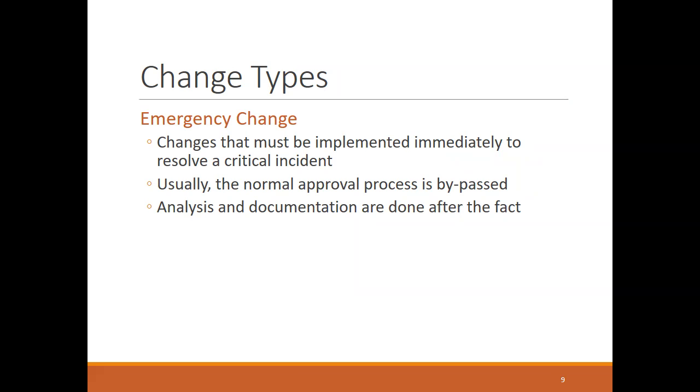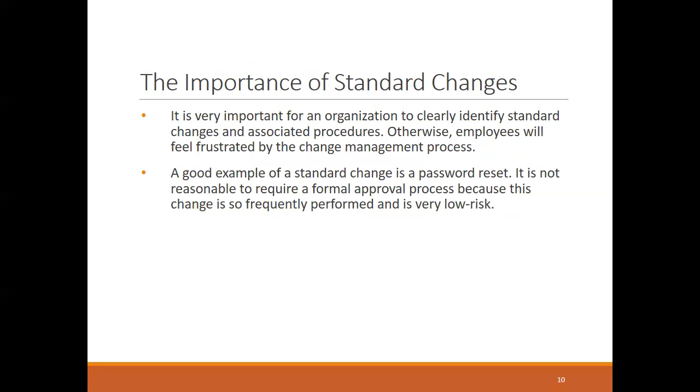When I say paperwork, it won't necessarily be paper. It could be something on a computer system, but it's an approval process and an analysis process of what we're doing. So that will happen afterwards. We do the documentation after. That's with the emergency change.